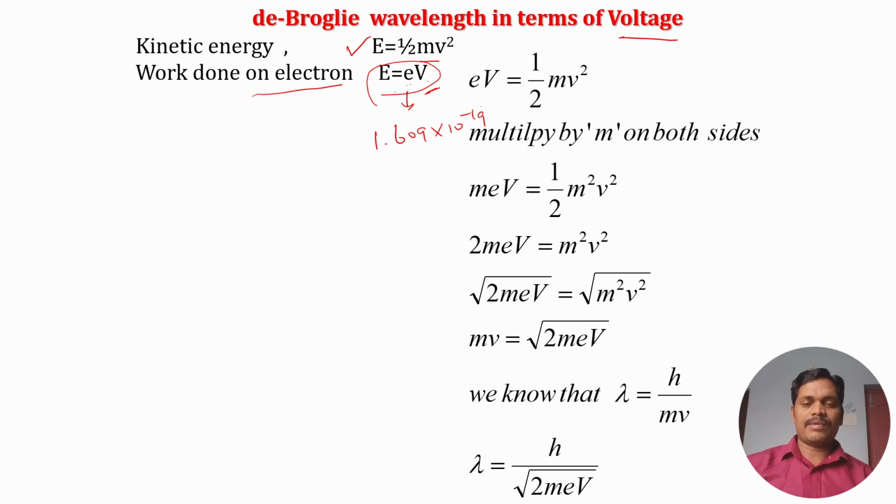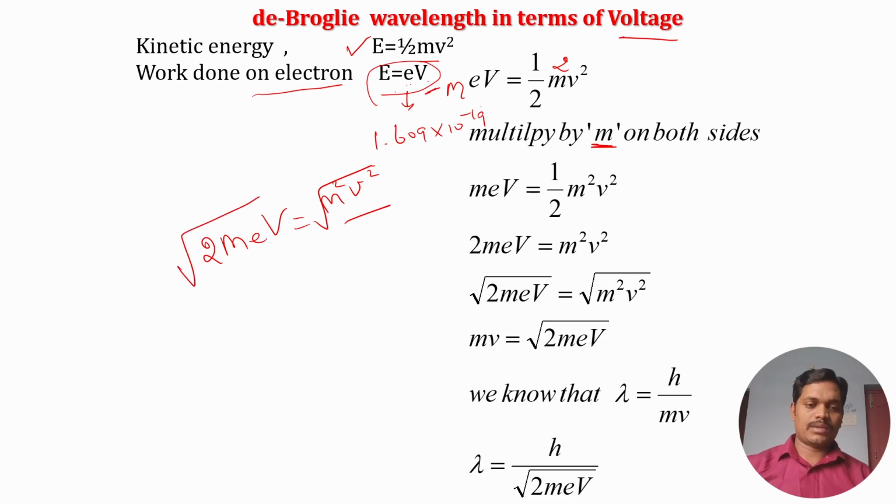Again, like the previous derivation, multiply by m on both sides, so that you have m into eV equal to half m square v square. So you can rewrite it as 2 m eV equal to m square v square. Our ultimate aim is to substitute the value of mv, so we take a square root on both sides.